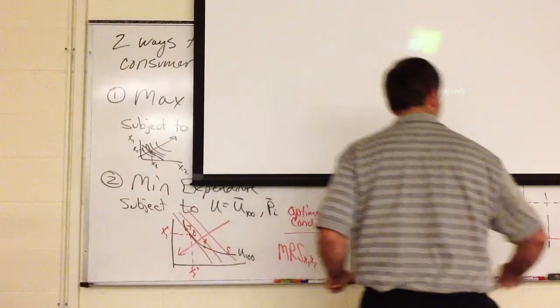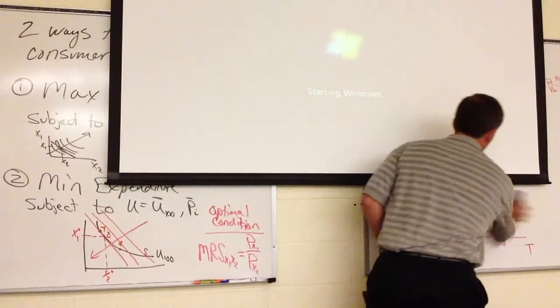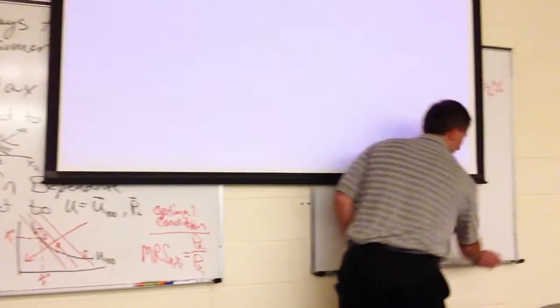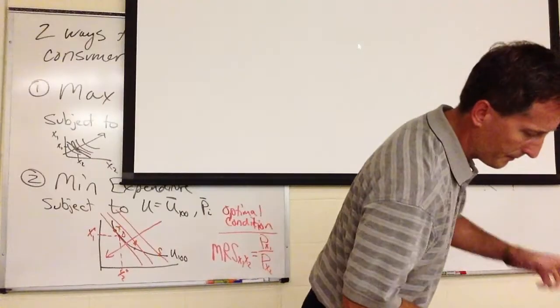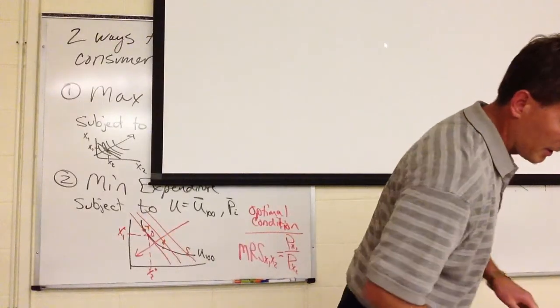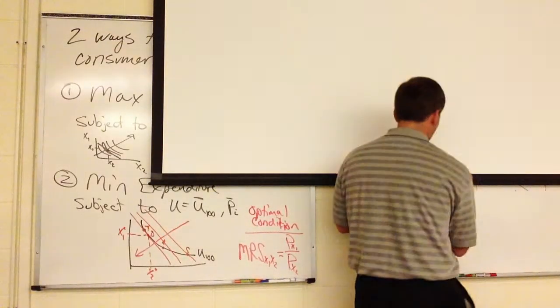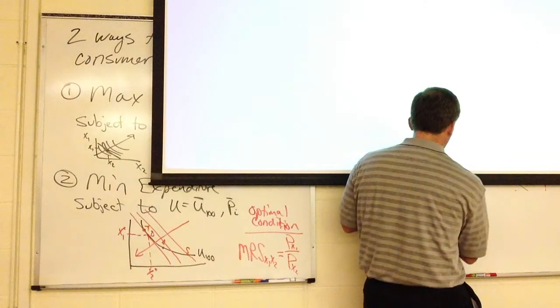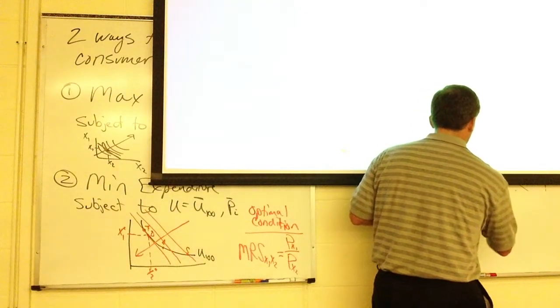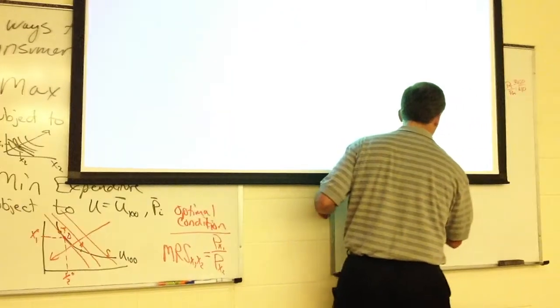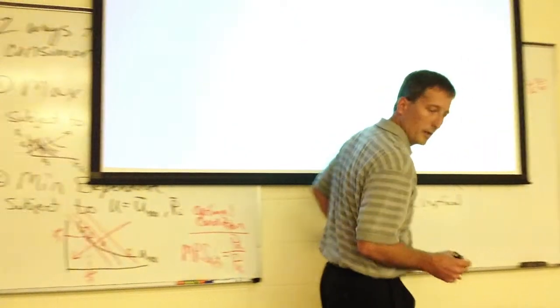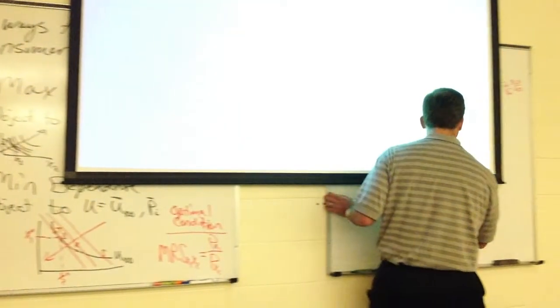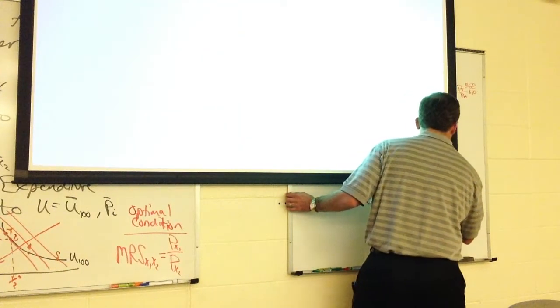So let me just write down the details of the problem. You guys can get started thinking about it. I want you to draw a graph with cakes on the vertical. We've got a problem with cakes and pies. Cakes on the vertical, pies on the horizontal.